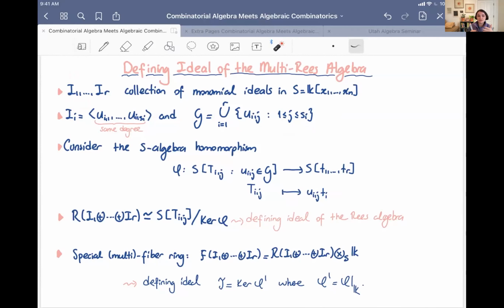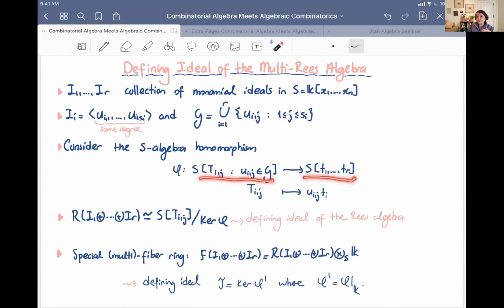Then we define this S-algebra homomorphism by first extending our polynomial ring S by adding new variables, capital T_ij. For each generator we're picking from this big set G, we create a new variable, capital T_ij. This is our domain.